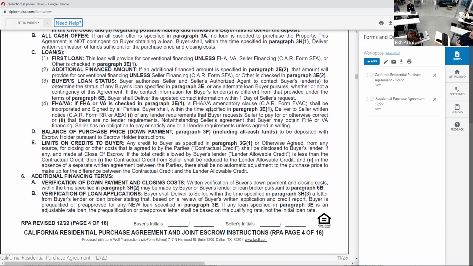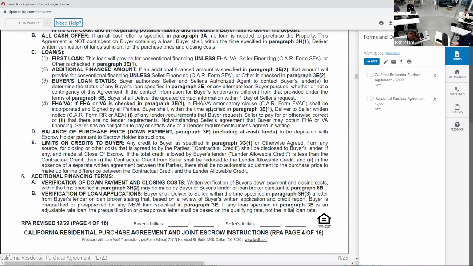Limits on credits to buyer. I said make your lender your friend because there are limits on credits. On a $450,000 property, coming back with a credit of $100,000 because so much is wrong with this property.